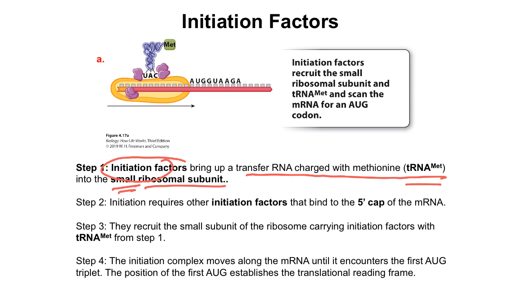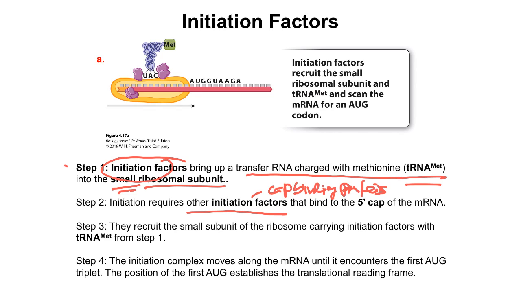As I said earlier, the messenger RNA's cap structure has to also bind a different type of initiation factors, essentially called cap binding proteins. As we will see, this complex of cap binding proteins must bind the messenger RNA in order to allow the messenger RNA to bind the small ribosomal subunit.